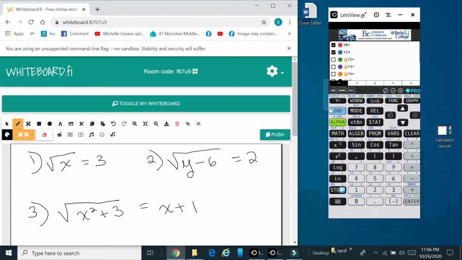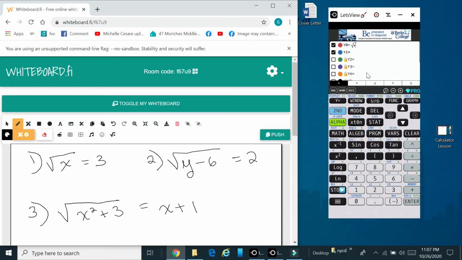So to get that, you're going to hit second, and then you're going to hit x squared, and you're in the square root mode. And then you're going to hit x, which is right here with those weird letters. Then you finish with that.